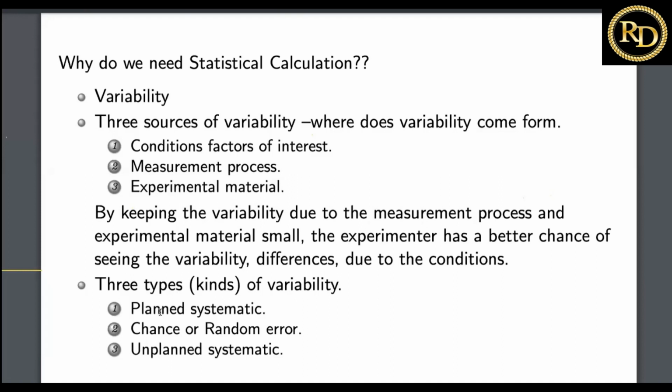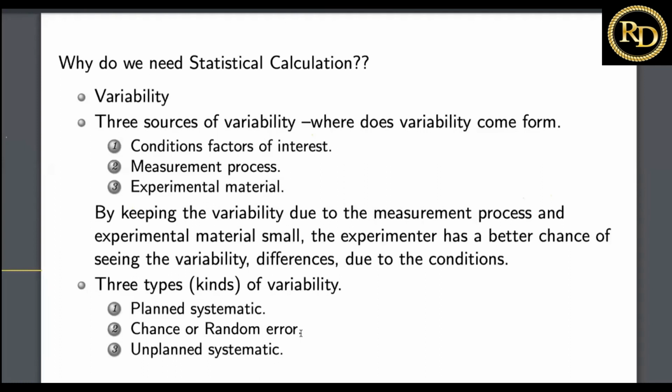So in this particular topic, we have to understand that there are three sources of variability. As a researcher, we always try to find out how variability can come into our data because of the planned or the systematic. Meaning this is our research question, that the blood pressure in the patient will be high because he is hypertensive. So this is the variability that we have planned, we have hypothesized.